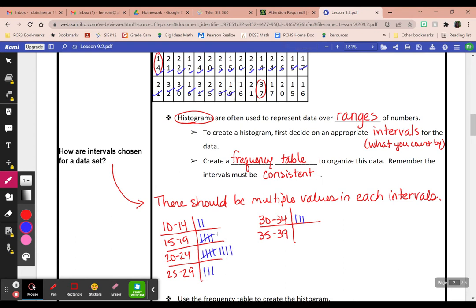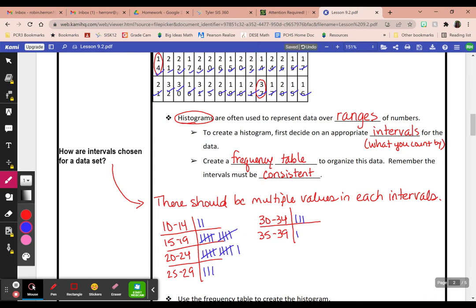There's a lot of values. 19, 16 would go here. 21, there's 10 for that one. 37, 17, 20, 15, and 16.